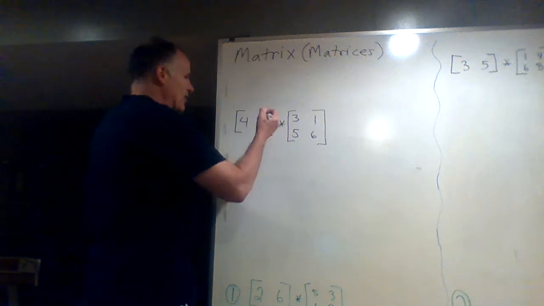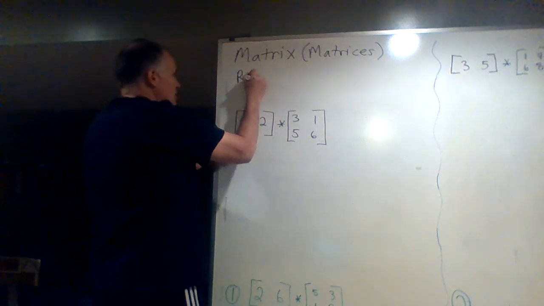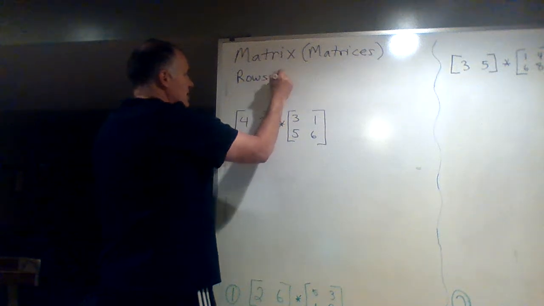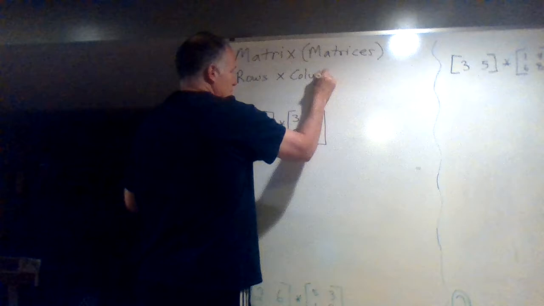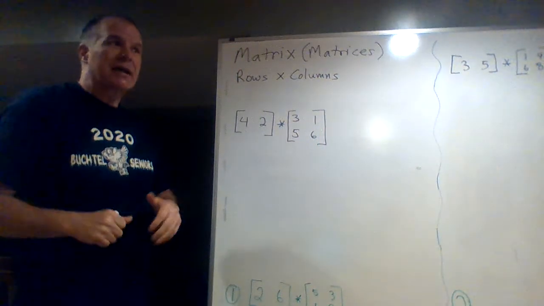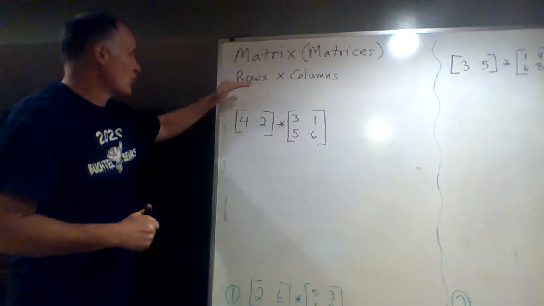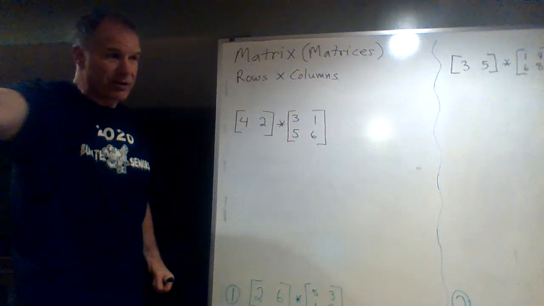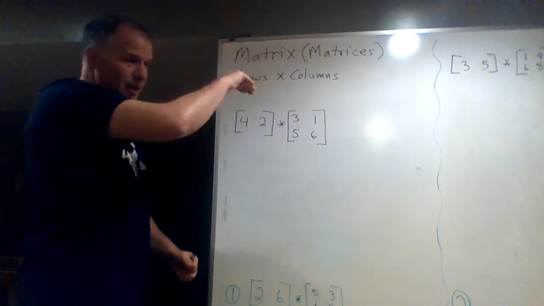Now, just a little background here. Every matrix has a certain number of rows by columns. If you think about going into a theater, the rows are like how many lines of chairs.